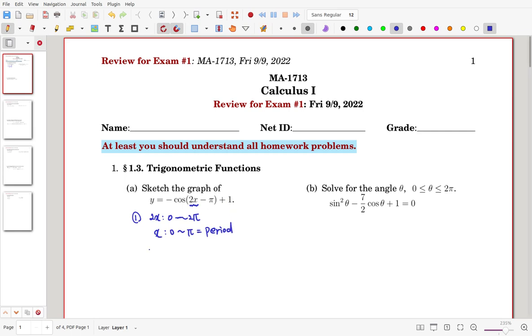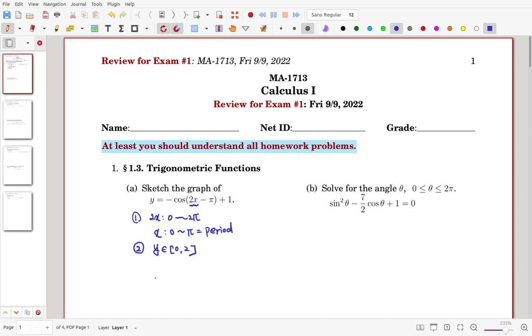Okay. Now, secondly, the range of the cosine function is -1 to 1, and minus cosine is also the same. Now, +1 makes the range of the given function from 0 to 2.